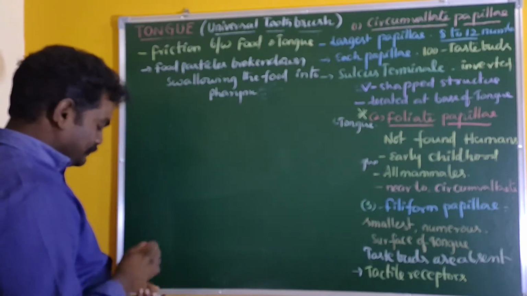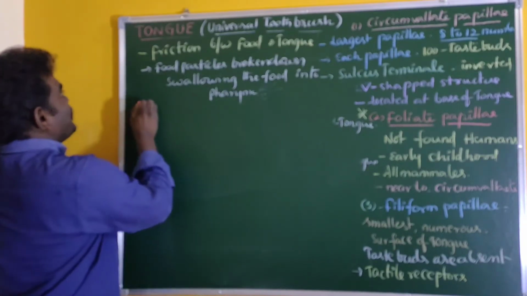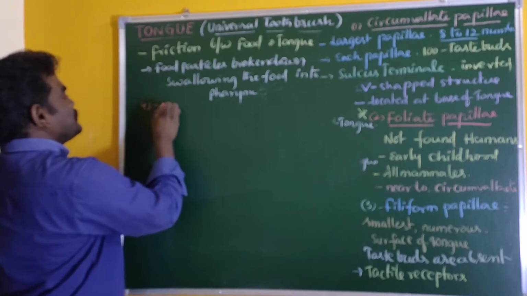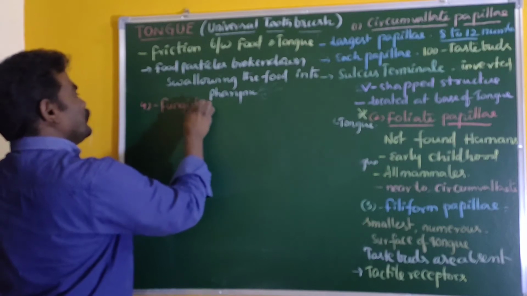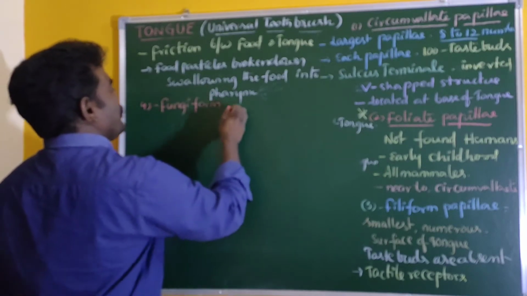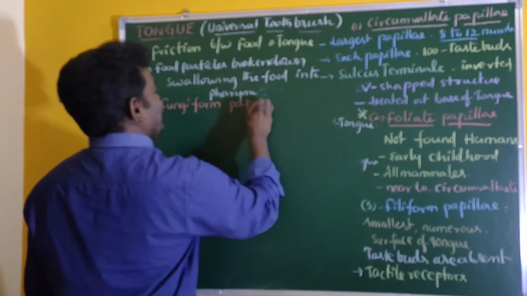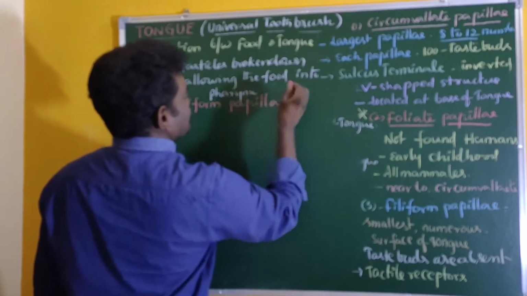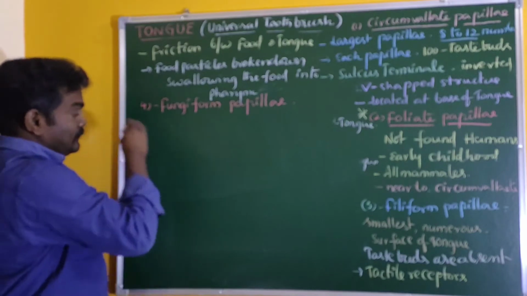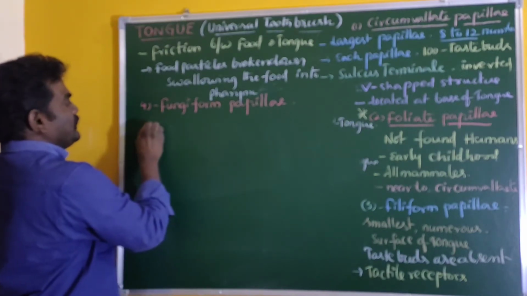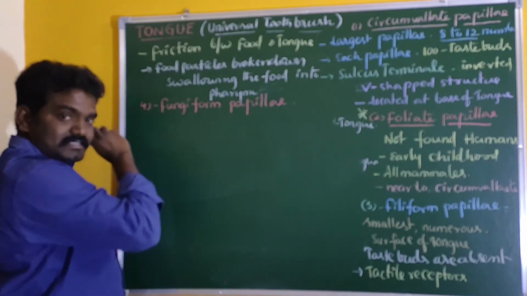Then the fourth type of papillae is fungiform papillae. These fungiform papillae are less numerous.